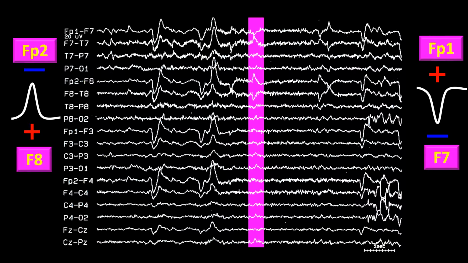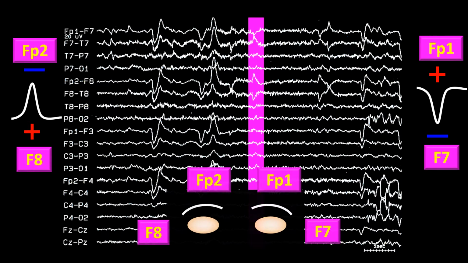On the right from FP1 to F7, as you can see, there is a positivity at FP1, and on the other side from FP2 to F8, in this case the positivity is at F8. Now we introduce the eyes to the frame in order to show you that the direction of the movements was to the right.